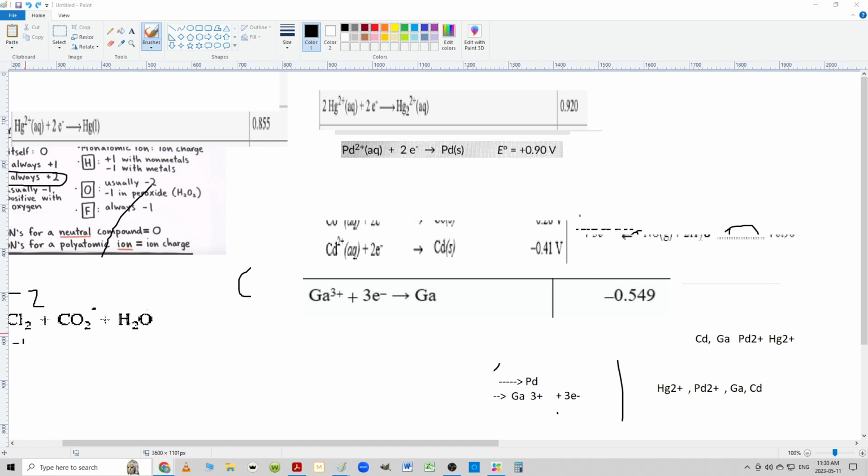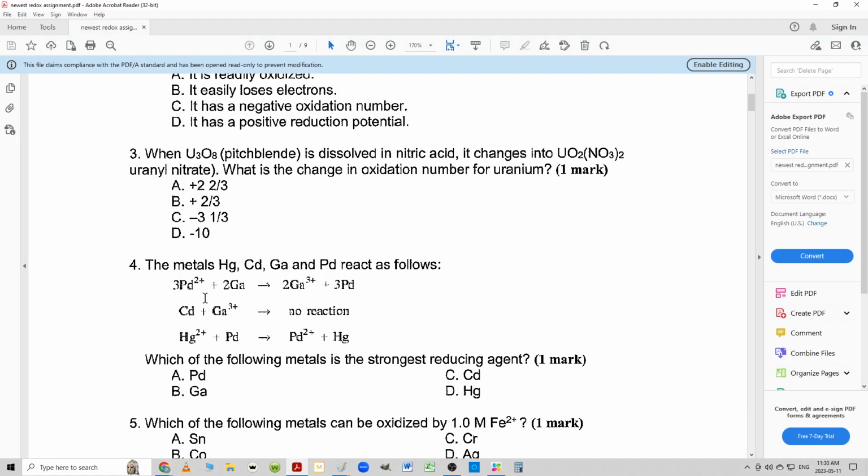Let me make sure from another source. Cd2+, negative 0.4. Let me look up again Ga. And also always use the values on the left side. Ah, there we go. I should have looked up Ga3+.